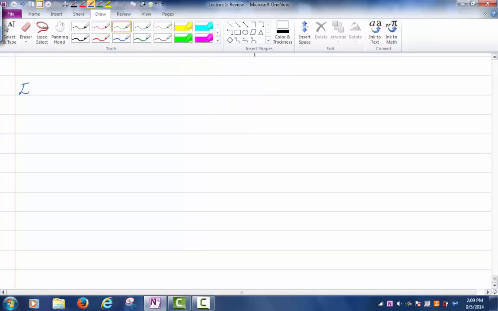What if instead of x squared, I have root x? The graph of this function would be the same as the graph of the equation y equals root x. And what's the graph of that?